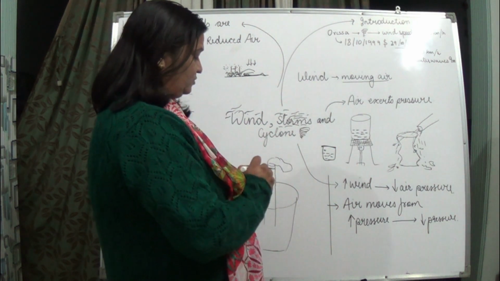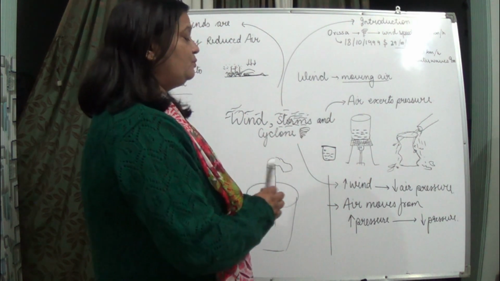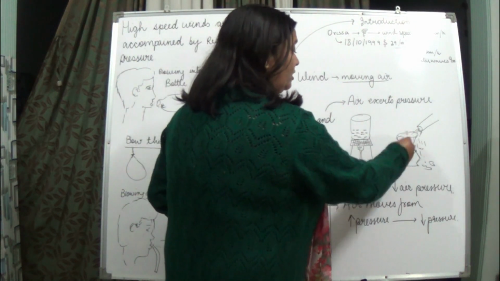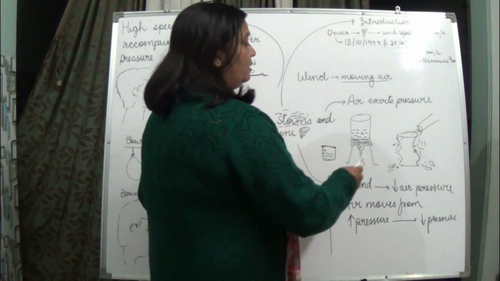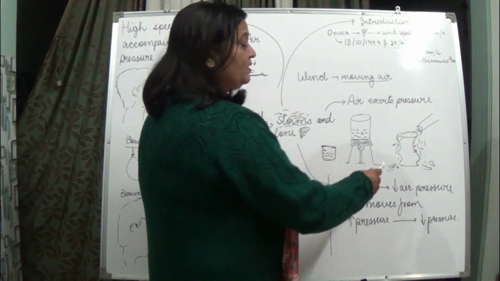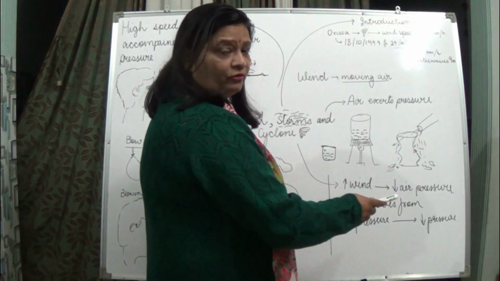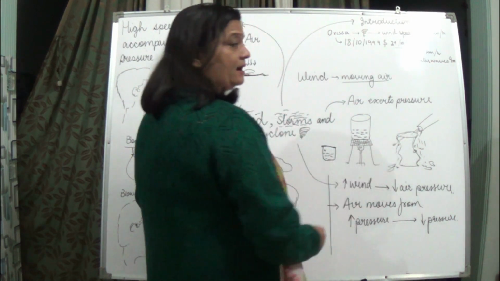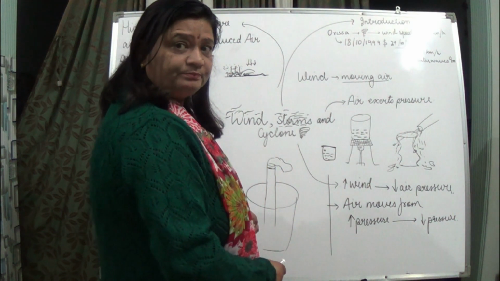So what happens when the cold water is poured on this can? The water which was in the gaseous form now condenses and forms liquid, and naturally the space inside the can becomes empty, isn't it?